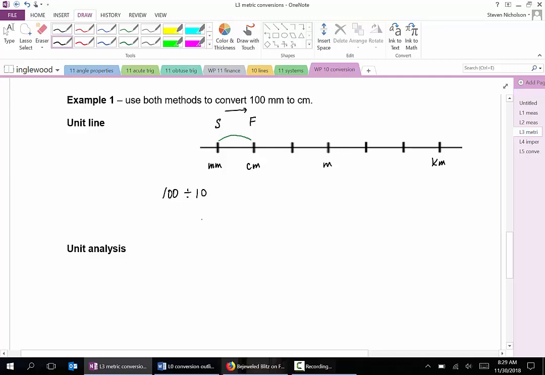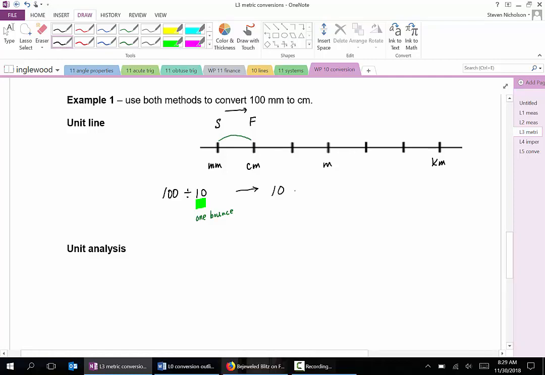Again, this single 10 represents one bounce to the right. And when we do that, of course, 100 divided by 10 is 10.